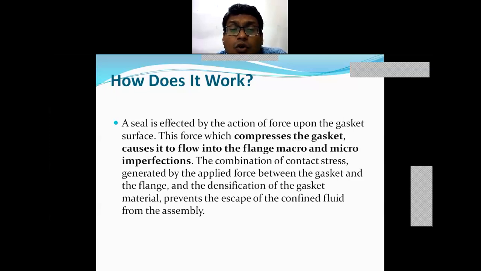So it is the combination of contact stresses generated by the applied force between the gasket and the flange and the densification of the gasket material that prevents the escape of the confined fluid from the assembly.